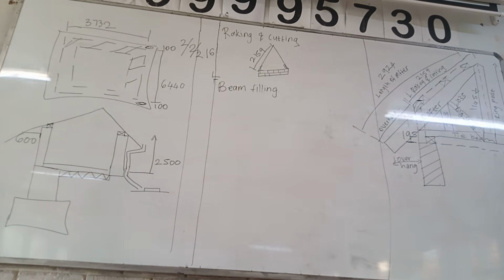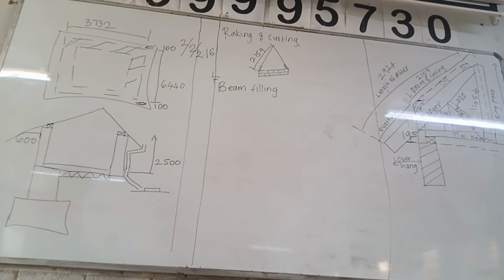Okay, and then what is the length of the beam filling? How do we calculate the length of the beam filling? First of all, is it internal or external? Does it include the wall or not?